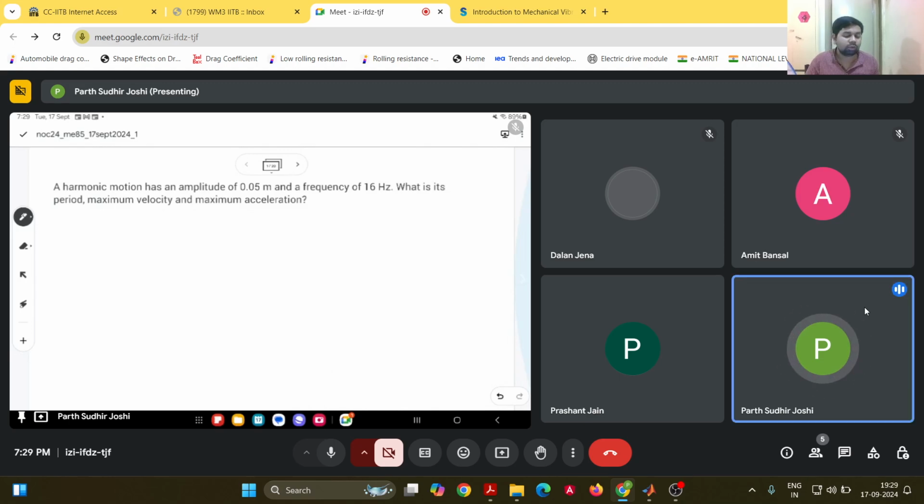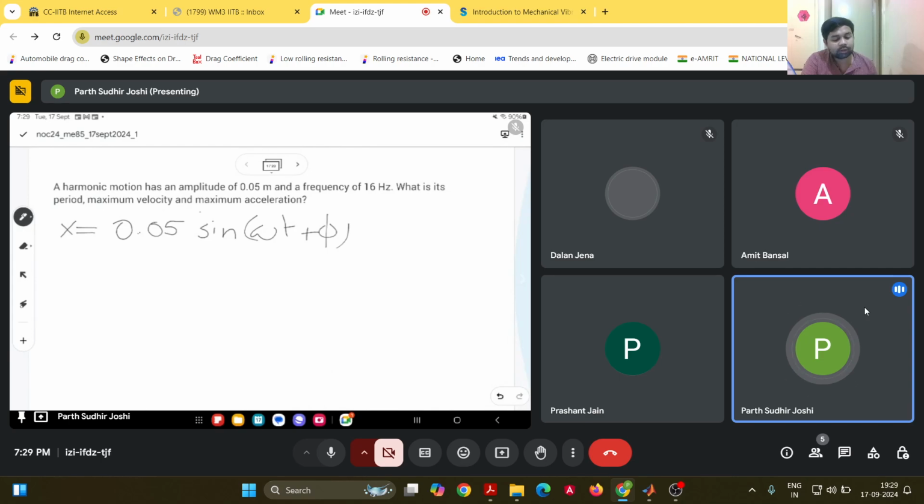So this is the first problem. A harmonic motion has an amplitude of 0.05 meters and a frequency of 16 hertz. What is the period, maximum velocity, and maximum acceleration? This is just a simple problem where we know that a harmonic motion has an amplitude of 0.05 meters, and x equals 0.05 sine omega t plus phi.